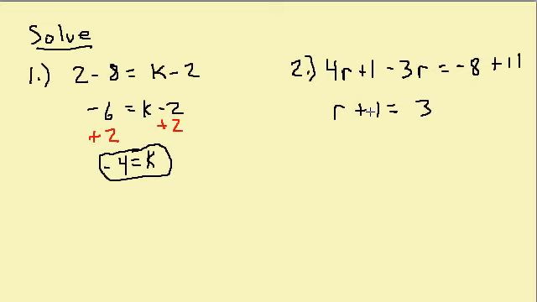Now we need to get rid of the plus 1. So to do that, we're going to subtract 1, and since we subtracted 1 from the left hand side, we also have to subtract 1 from the right hand side. So this is going to leave me with r equals 2. And that's how you solve equations, by adding or subtracting the same number to both sides.